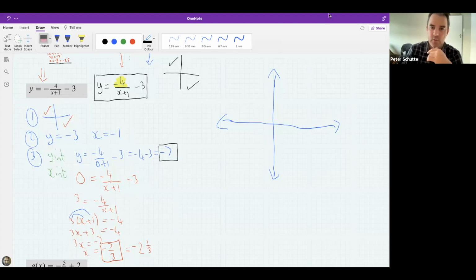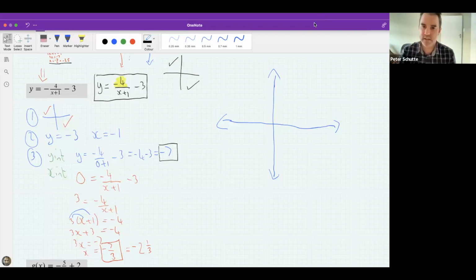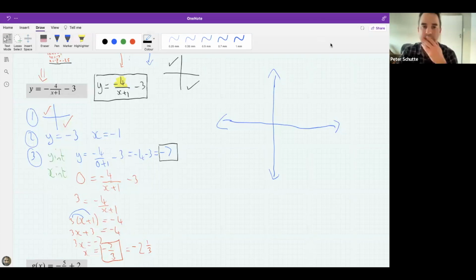So now the question is, what does the graph look like that I'm going to draw? And what order would I do it? Looking good, looking good.